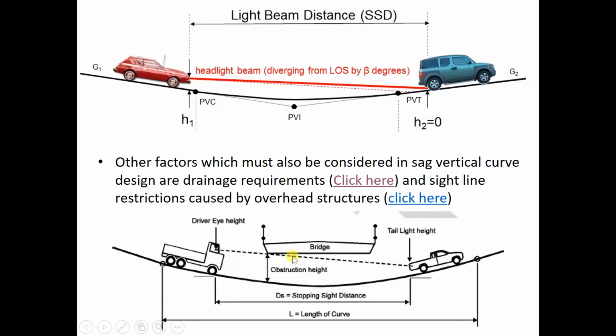Another thing is obstruction. If there's a bridge, make sure you provide the clearance to enable the design vehicles to pass through. There's a certain height so that a trailer carrying a container can go past. Otherwise, as we have heard before, the goods at the back of the truck hit the bridge and the whole thing fell over.